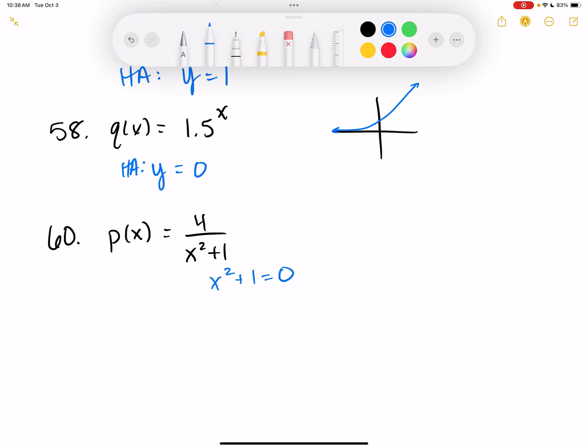Subtract 1, so x squared is equal to -1. Square root, x is equal to plus or minus the square root of -1. But what's the problem with that? Imaginary numbers. I can't possibly have an imaginary number getting plugged in for x. It's not possible. So this one is going to have no vertical asymptote. So I just write vertical asymptote none.